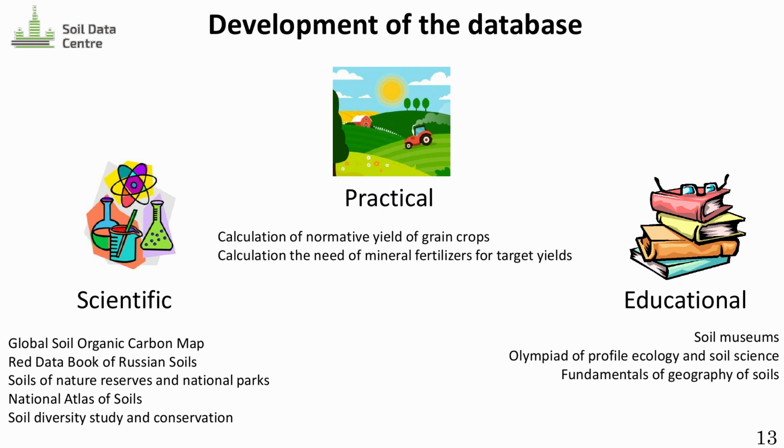For example, soil diversity study and conservation, National Atlas of Soil, Soils of Nature Reserves and National Parks, a project about the Red Data Book of Russian soils, and of course the Global Soil Organic Carbon Map.